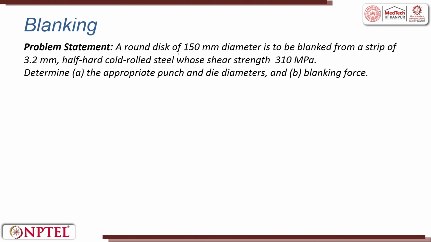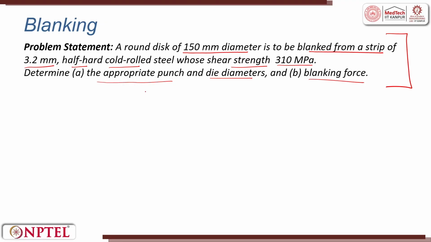A round disc of 150 millimeter diameter is to be blanked from a strip of 3.2 millimeter half hard cold rolled steel whose shear strength is given as 310 megapascal. We need to determine the appropriate punch and die diameters and blanking force. To find this, we have to use certain coefficients or clearances which are given in the metal forming handbooks.